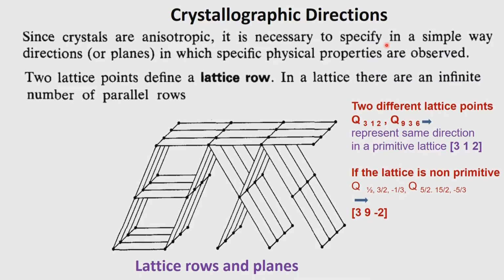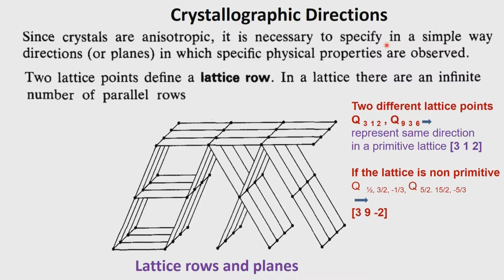If we are looking for the property of the material of which we have grown a single crystal, then the single crystal will have to be specified with respect to the direction or the plane about which these physical properties are measured. For example, it could be a certain value of the dielectric constant which is measured along a particular direction. So, when we have single crystals, we identify the directions, put those directions in the device which will measure that property, and we can measure that property in that given direction.